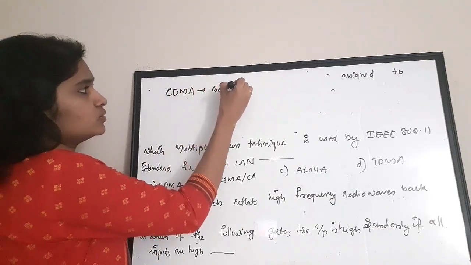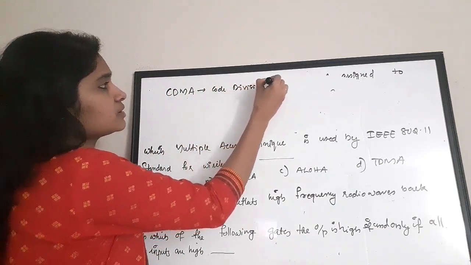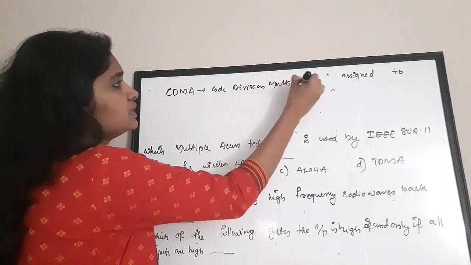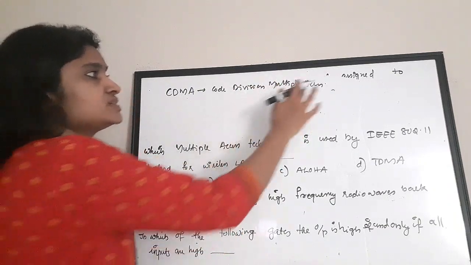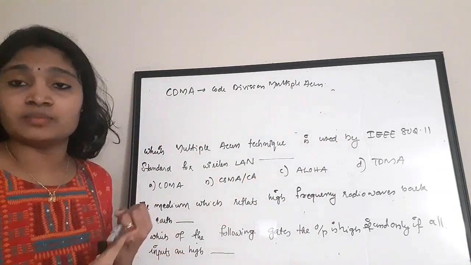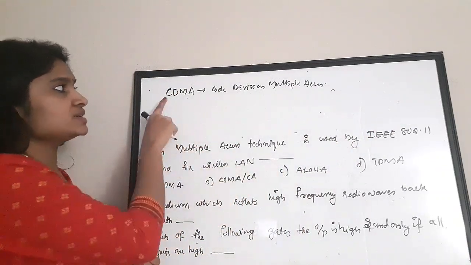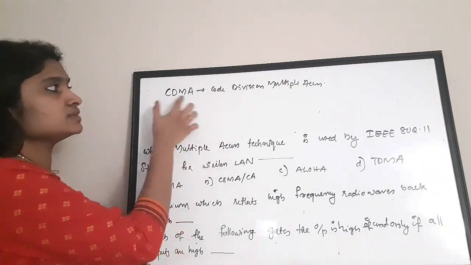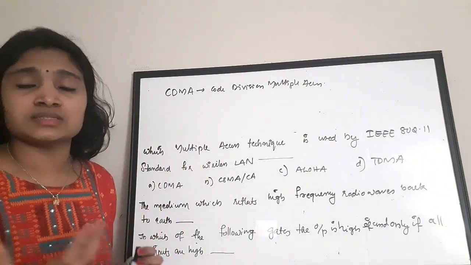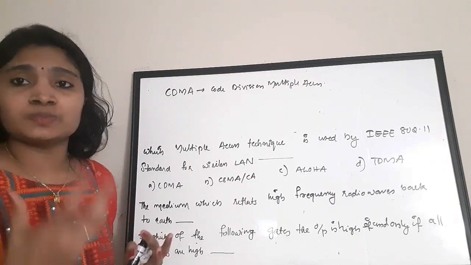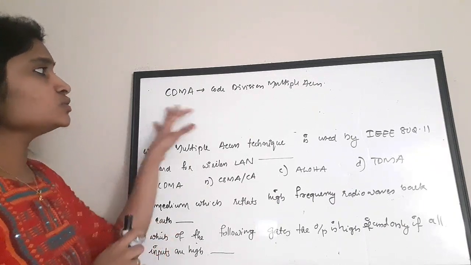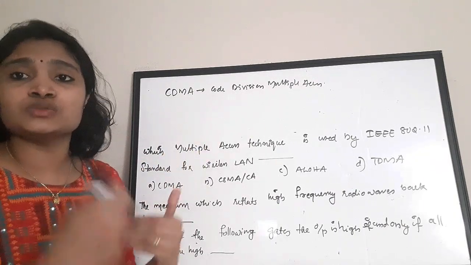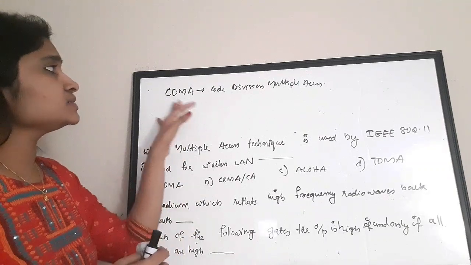There are various other multiple access techniques, TDMA, FDMA. In CDMA based systems, techniques called spread spectrum methods are used for allocating various users to various channels. So that is CDMA.